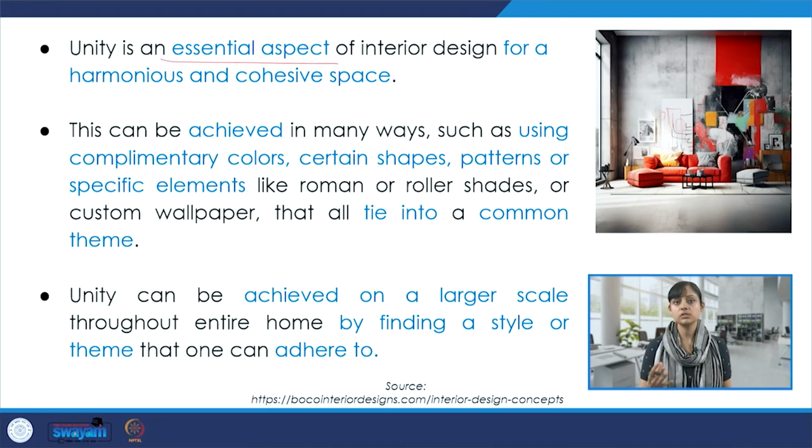And it is possible to achieve unity using complementary colors, certain shapes which are same or similar, and patterns or specific elements. They all then finally tie into a common theme, and therefore it is possible to achieve unity within diversity. And it can be achieved on a larger scale. It doesn't have to restrict to only a small space or one particular room. It could free flow in the entire project, throughout the project. And that could be done by finding a style or a theme which one could adhere to.